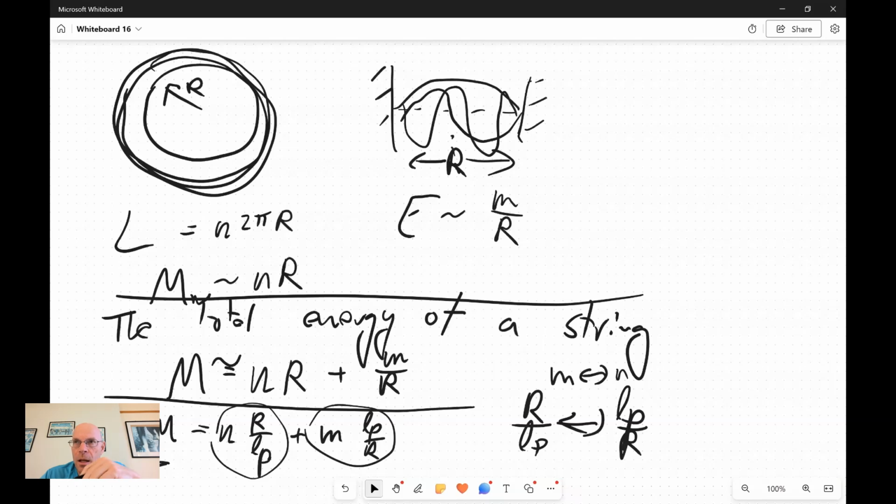So in the dual description, where R over L Planck is becoming L Planck over R, we have the same contribution to the mass of the string, provided we exchange winding modes with excitation modes. And that's the intuitive explanation why strings in a universe of radius r and a universe of 1 over r are actually the same thing.